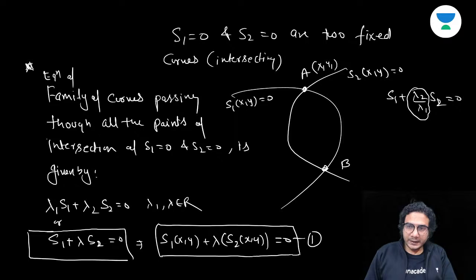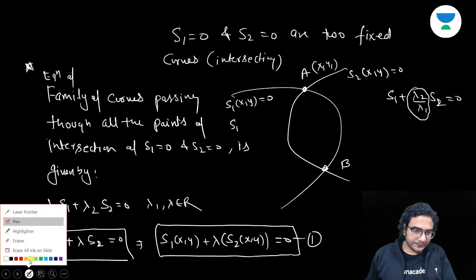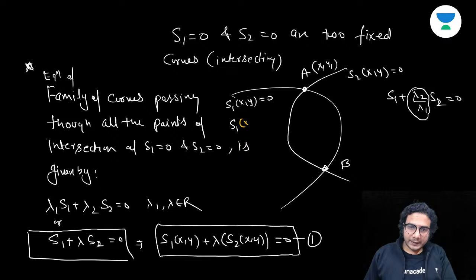(x1, y1) is the point of intersection of S1 and S2 both, right? So it will satisfy both equations. If I put (x1, y1) in the S1 curve, we'll get S1(x1, y1) will be 0. Similarly, S2(x1, y1) will be 0.